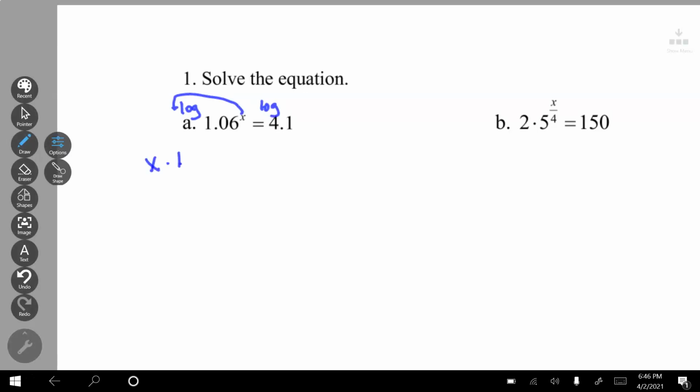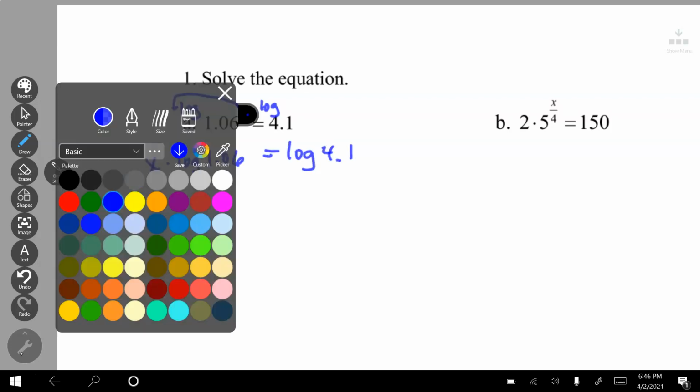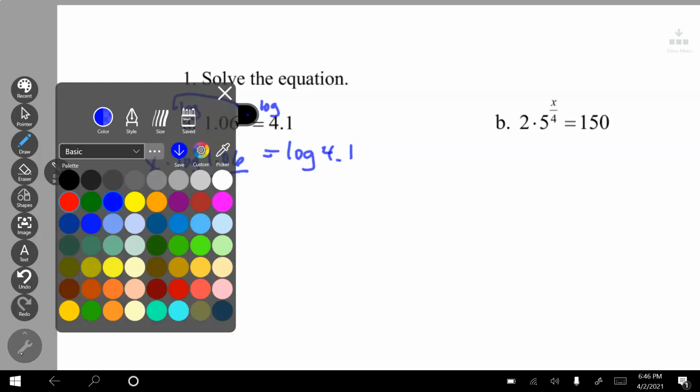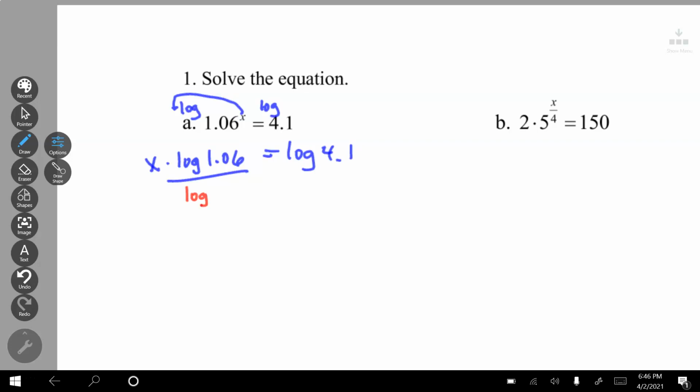I get x times log of 1.06 is equal to log of 4.1. And to get x by itself, I just have to divide by log of 1.06. I get x equals log of 4.1 over log of 1.06.